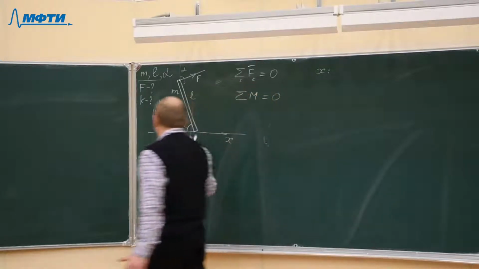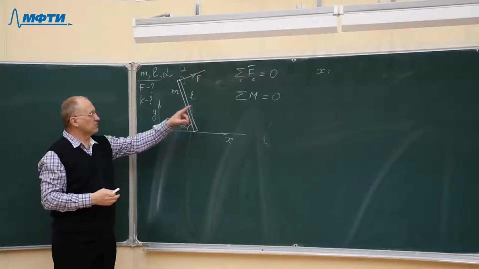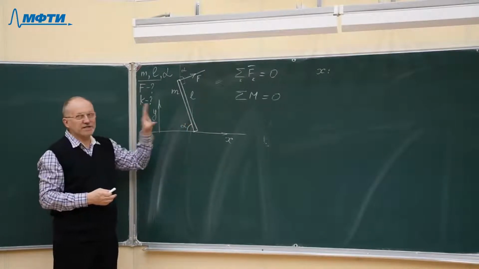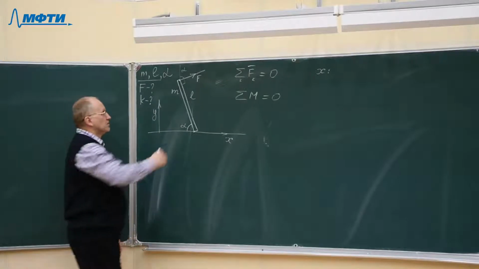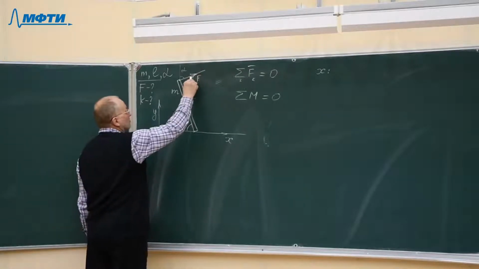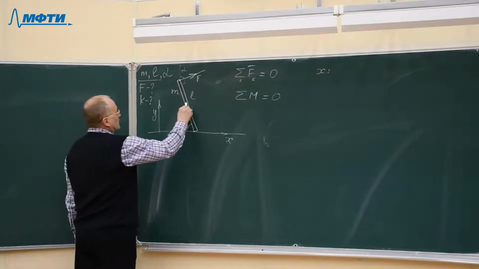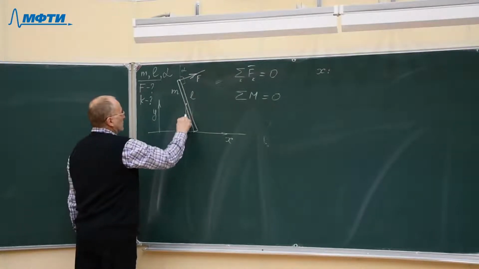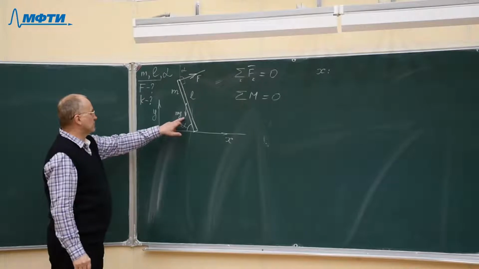In order to write down the x components of all forces, we must first indicate all the forces acting on this object. The first force is given in the problem, and we must find it. Then certainly there is a force of gravitational pull, the gravitational attraction to the center of the Earth.